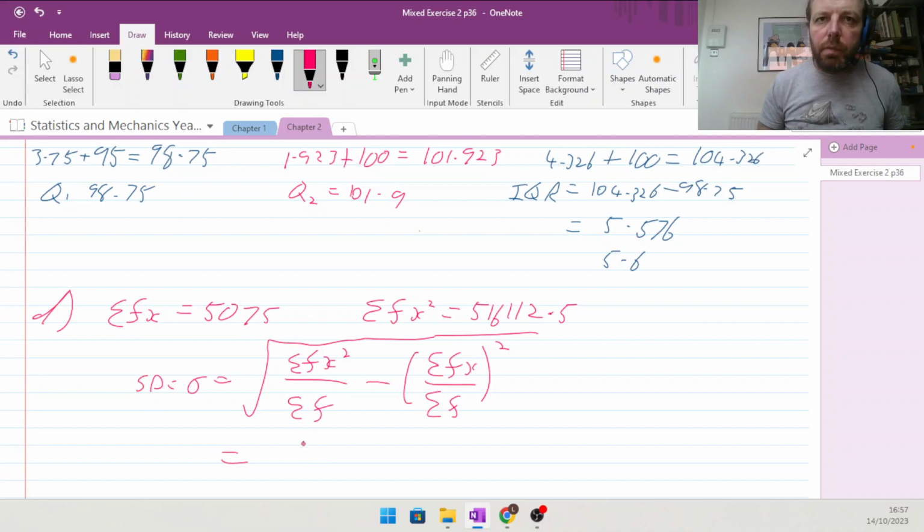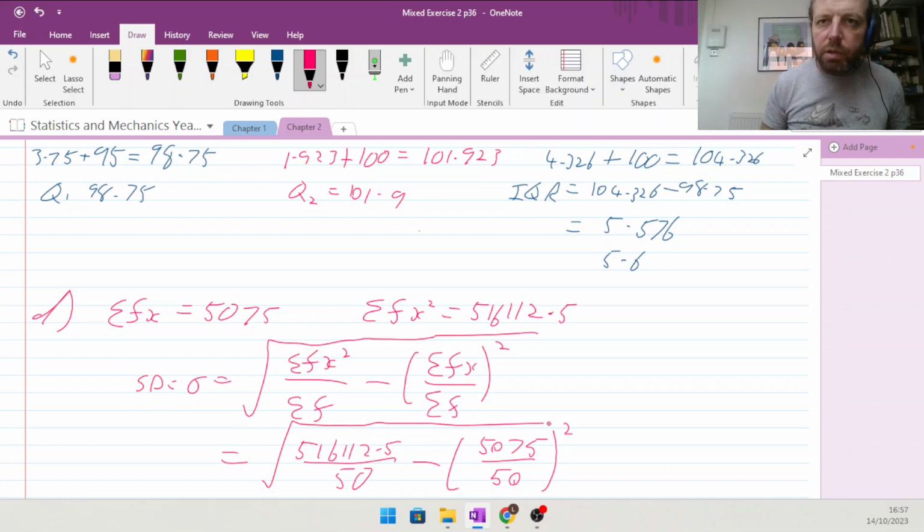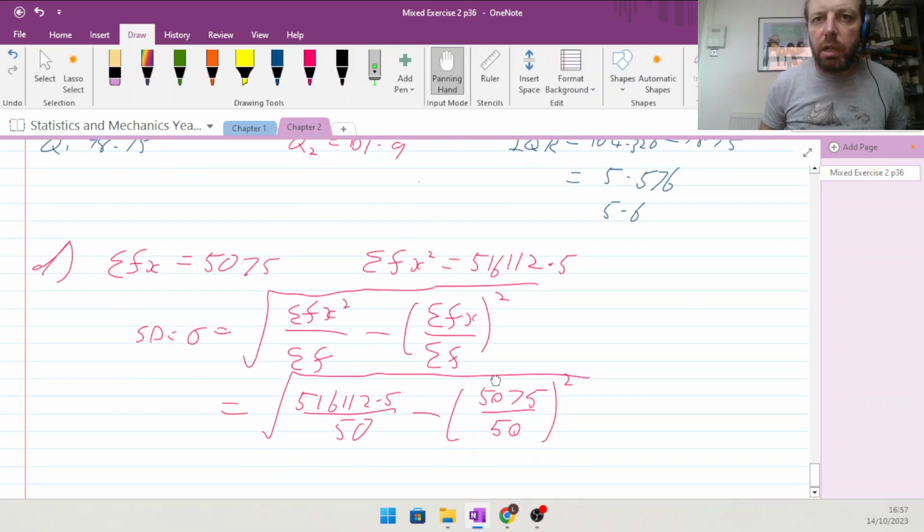So 516112.5 over 50 flowers minus 5075 over 50 squared, all square rooted. Onto the calculator with that.